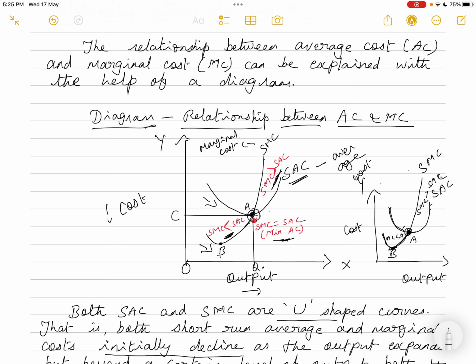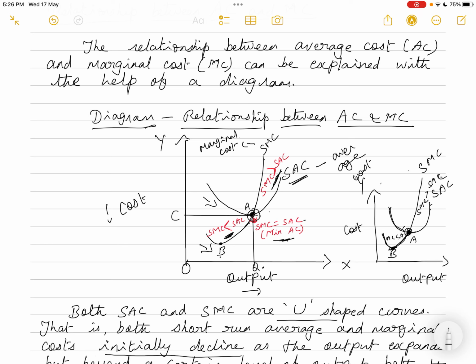So any ideal firm or optimum firm should operate at its minimum point. At this point only, the cost is the minimum and the revenue is the maximum, the least cost production. So any ideal firm, if it wants to get the maximum profit, should operate at the minimum point of average cost.